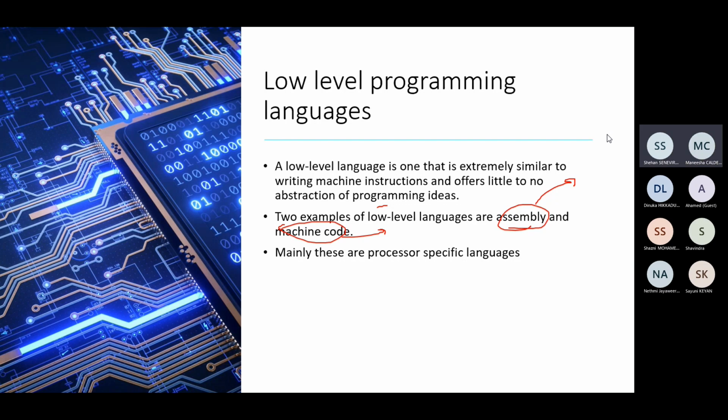So, isn't ARM a processor with a set of strong instructions? Yeah, that's why I told you low-level languages are specifically for a processor. Once it comes to an ARM processor, we have ARM programming.